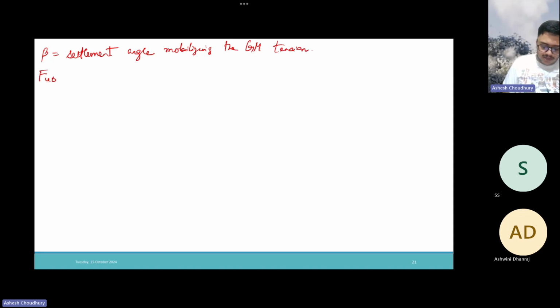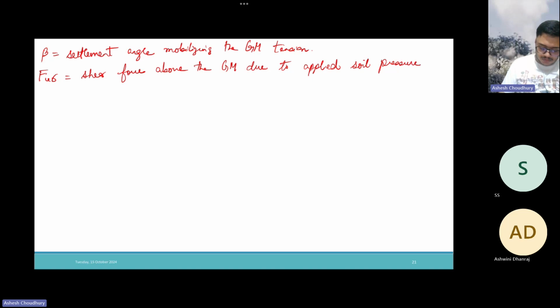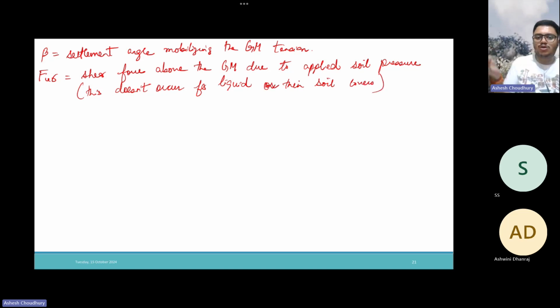Then you have F_u delta, the shear force above the geomembrane; this doesn't occur for liquid or thin soil covers. If you have liquid, obviously this delta is going to be zero.